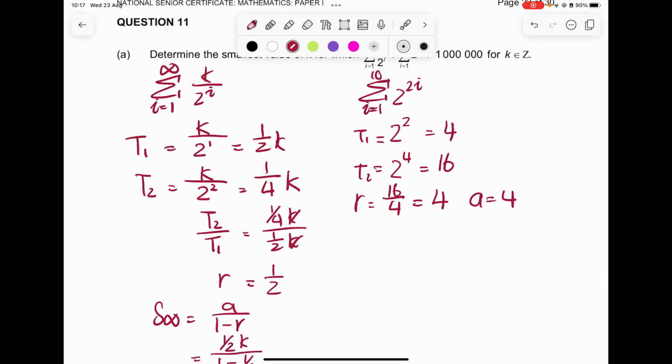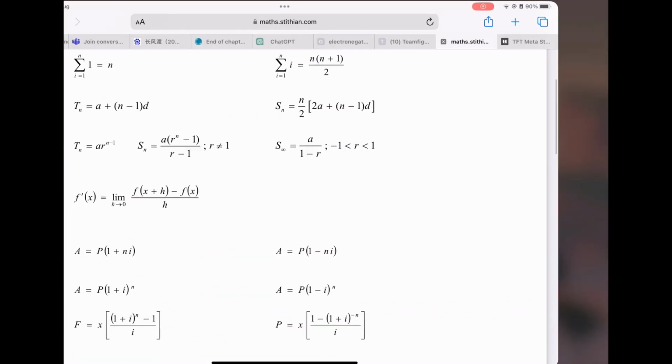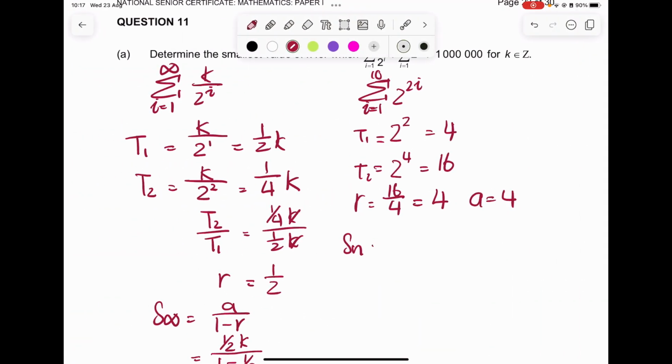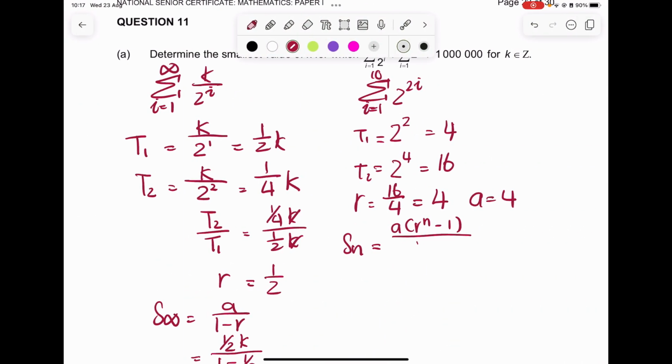So we need to use Sn, and Sn is equal to a times r to the power n minus 1, over r minus 1.